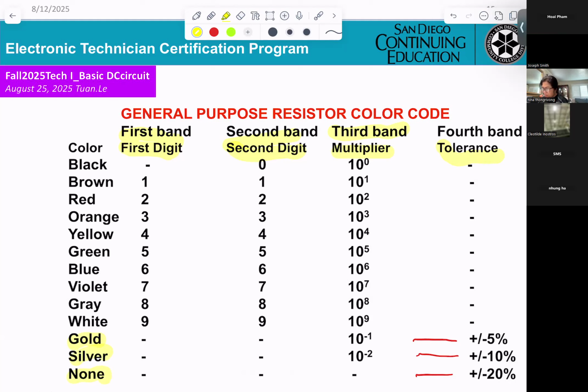So when you look at the bands, you get the number from the first band, then the second color, second band. And the next will be multiplied by 1, by 10, by 100 to get the value.